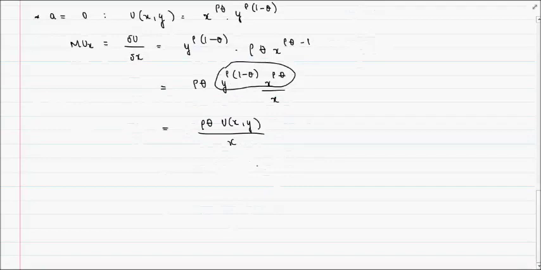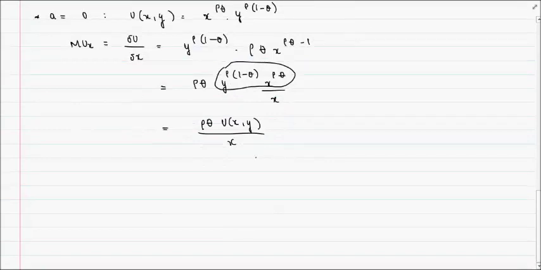Okay, so as you can see, this is just the expression in the general form, because when a equal to 0, if you substitute that into the expression that the question is asking you to prove, then it's just basically exactly the same as this.